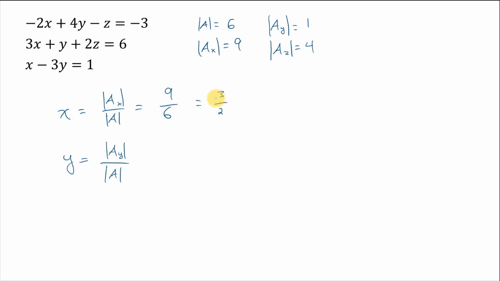And then y is equal to the determinant of A with y replaced over the determinant of A, so that's going to be 1 over 6. And then our z is the determinant of A with z replaced over the determinant of A, which is 4 over 6 again, which reduces to 2 over 3.